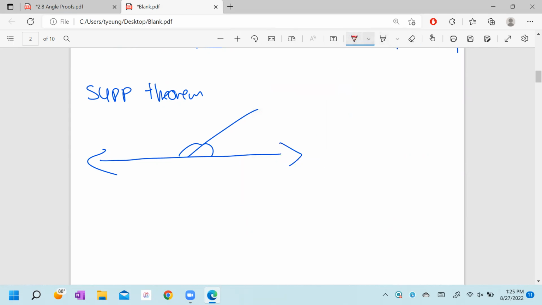So this angle right here and this angle are right next to each other by this line over here. And the two angles, angle A and angle B, add up to 180 degrees. So the theorem says if angle A and angle B form a linear pair, then A and B are supplementary, or they add up to 180 degrees.